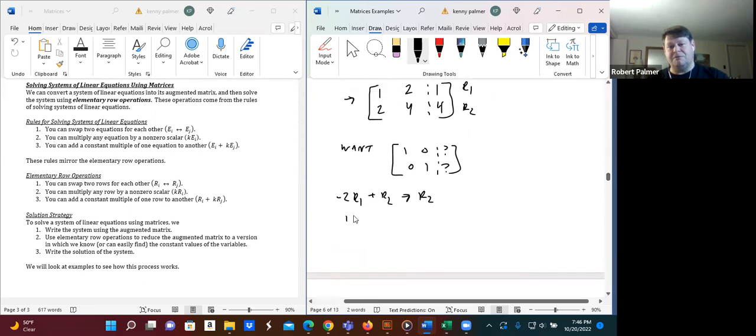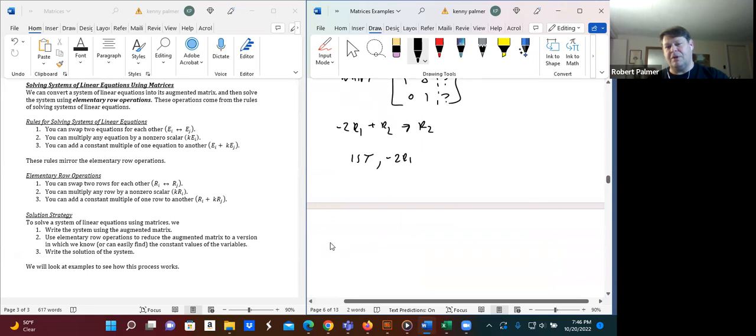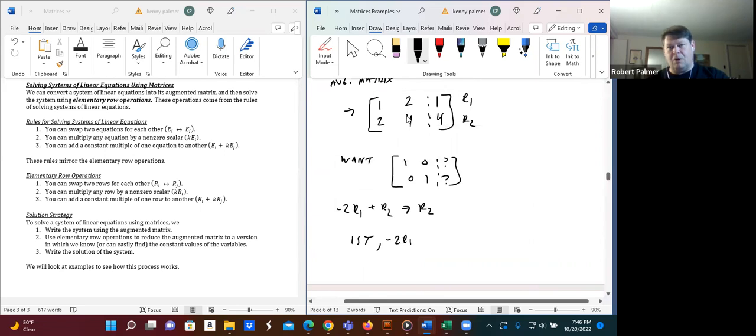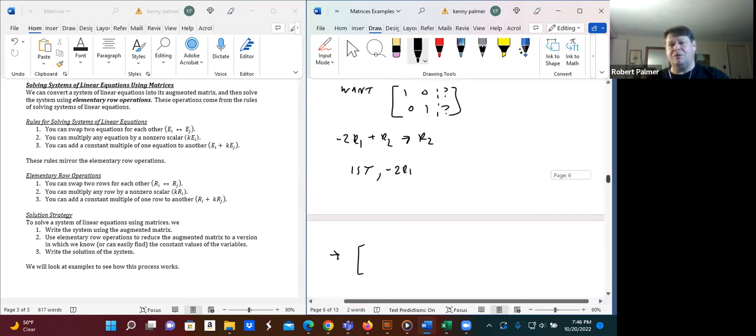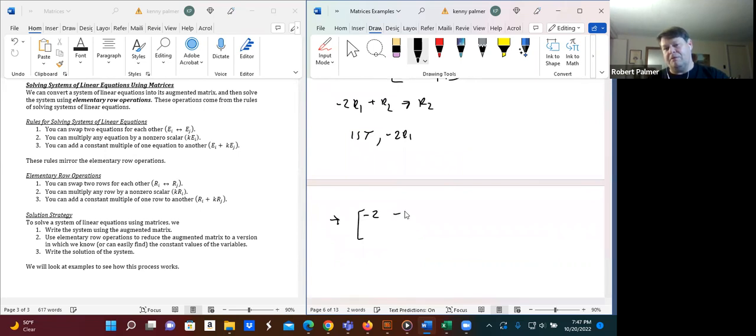Once again, as we did, first let's do -2 R1. Row 1 is 1, 2, 1, so multiplying by -2 that's going to be -2, -4, -2.